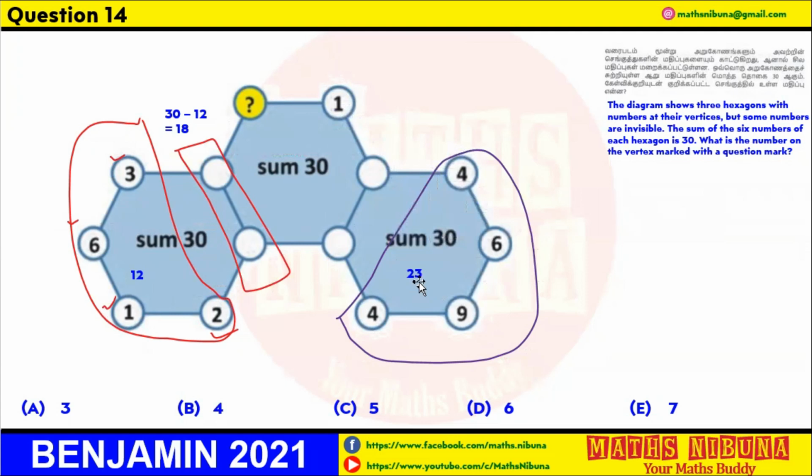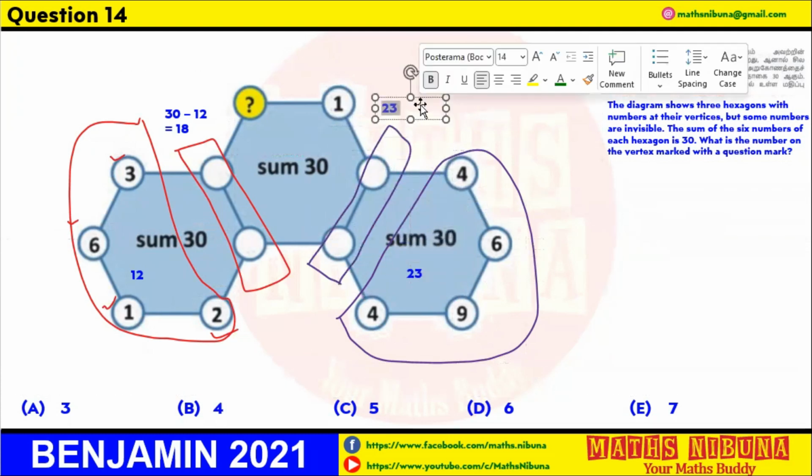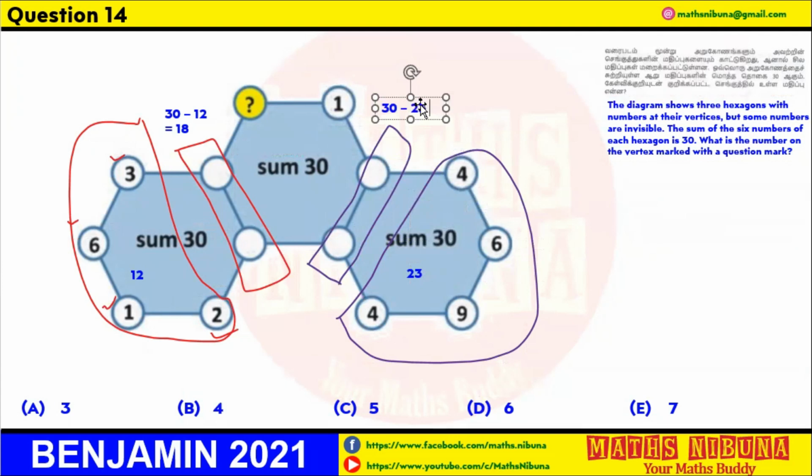When this is 23, what is the balance? That means the sum of these two numbers, this number and this number, should be 30 minus 23, correct? Which is 7.